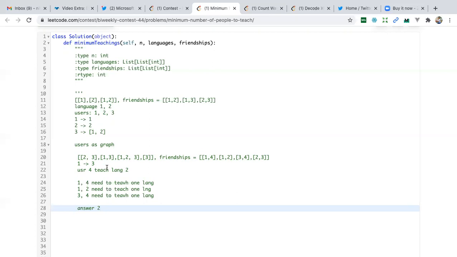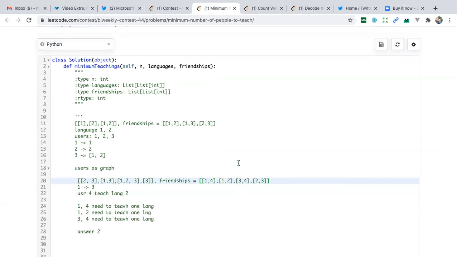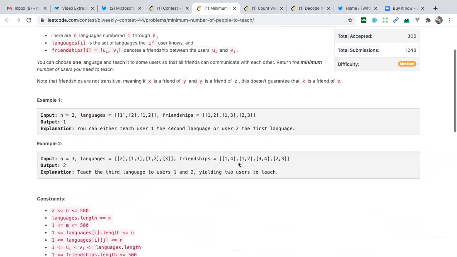Yes, but the thing is, if 1 and 4 are friends and 3 and 4 are friends, it doesn't mean that 1 and 3 have to be friends, and they don't need to speak a common language, right? Or do they? They don't, right? Because they're not friends.